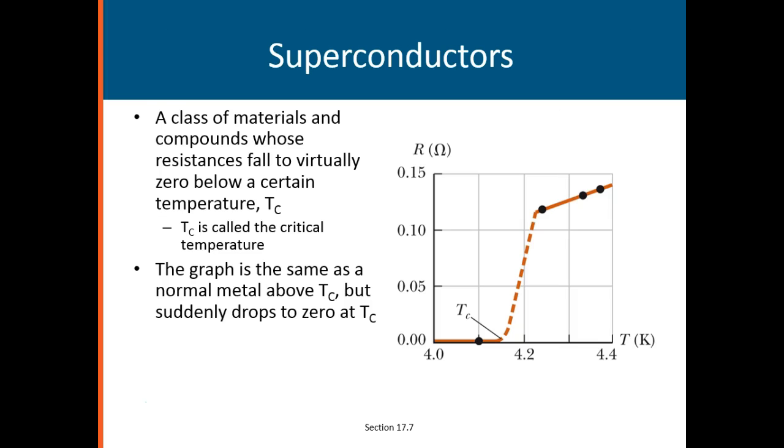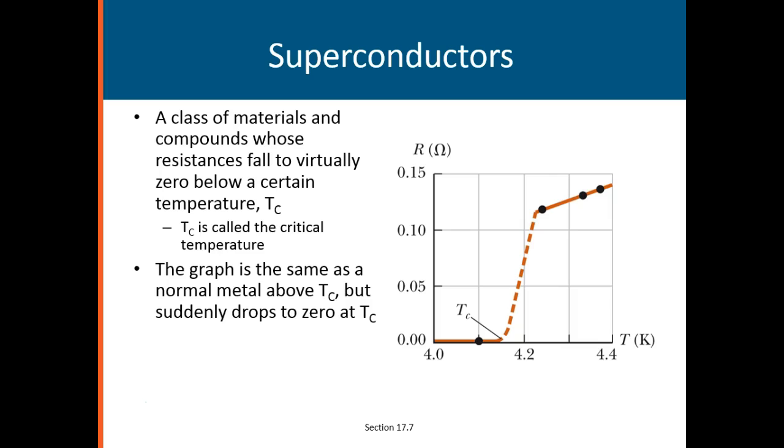All right. Quick quiz 17.7. A voltage delta V is applied across the ends of a nichrome heater wire having a cross-sectional area A and a length L. The same voltage is applied across the ends of a second nichrome wire having a cross-sectional area A and a length 2L.